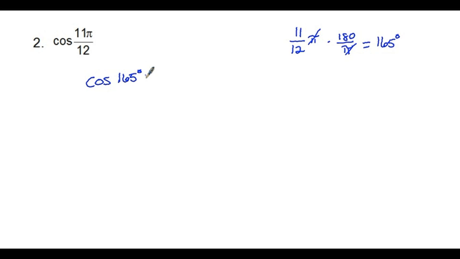Now we've got to think about that is really cosine of what plus what or what minus what to get to 165. A lot of different things are possible with that, but the first thing I think of is 45 degrees and 120 degrees. And if you're wanting to do it in radians, that would be the same thing as the cosine. Let's see, 45 degrees is 1/4 of a pi, and 120 degrees is 2/3 pi.